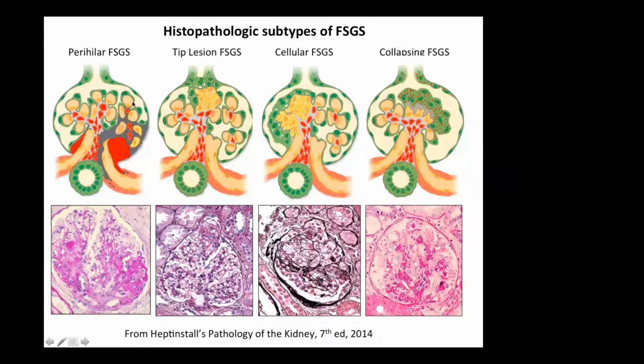Okay. الناس الثانيين اللي عندهم perihilar FSGS يعني prognosis مالهم is variable. Same with those with cellular FSGS.